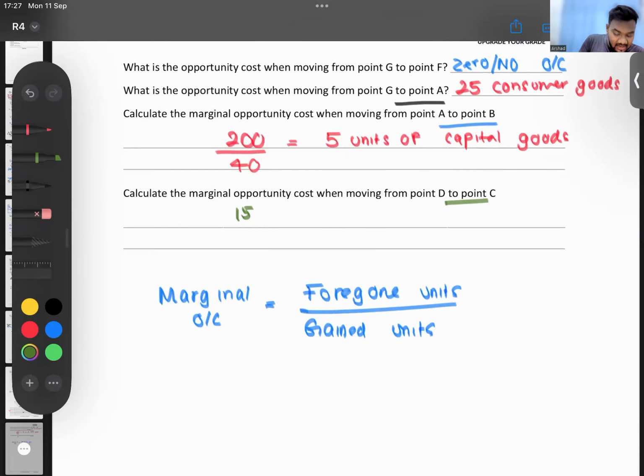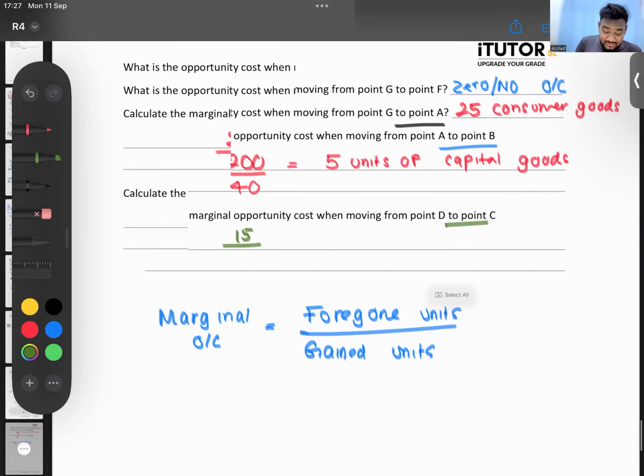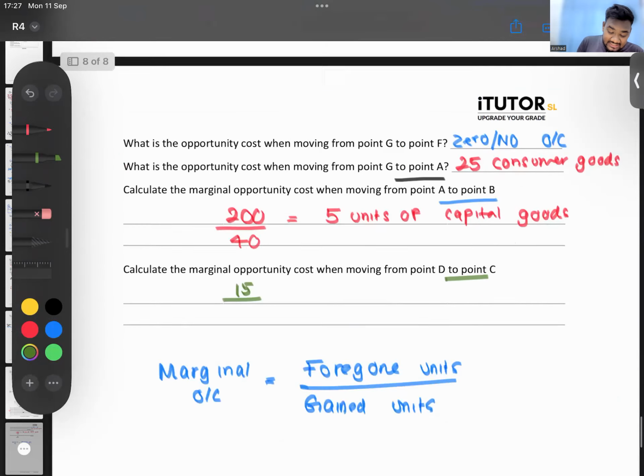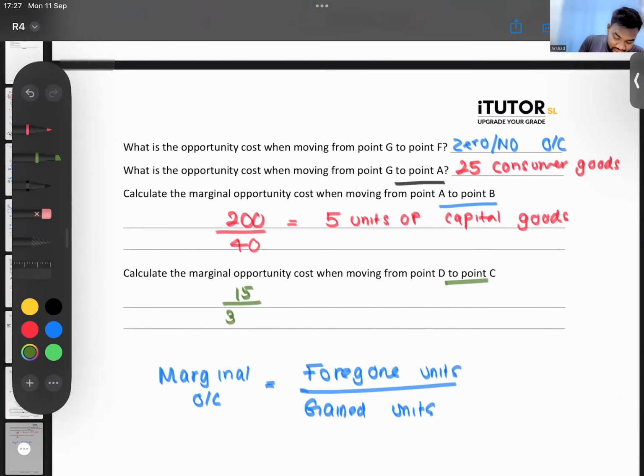Right? What is our gained amount? 300 going to 600. So gained is 300. So what is my opportunity cost then? 0.05. 0.05 of what? Units of what are you sacrificing when you're going from D to C?